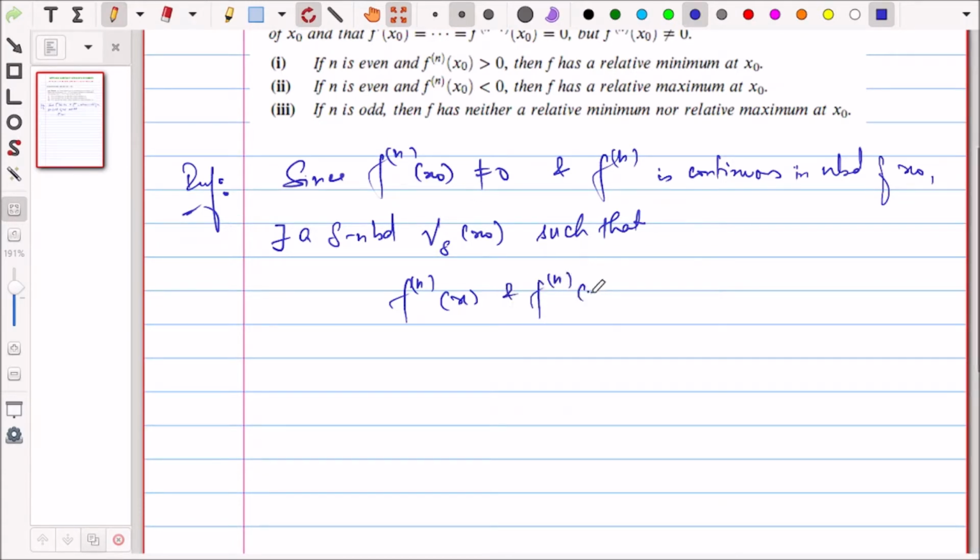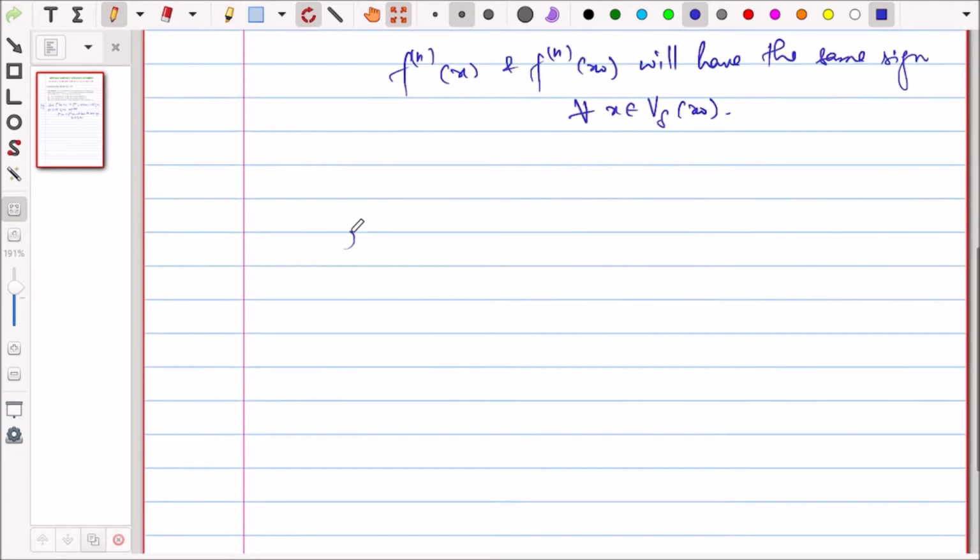That is, fn x will have the same sign for all x belonging to V delta of x naught, right? Do you remember this result?